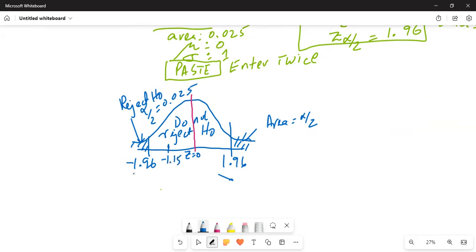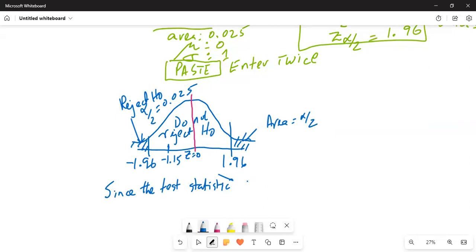Remember, the test statistic is a measure of how many standard deviations away from the hypothesized population proportion the sample proportion is.